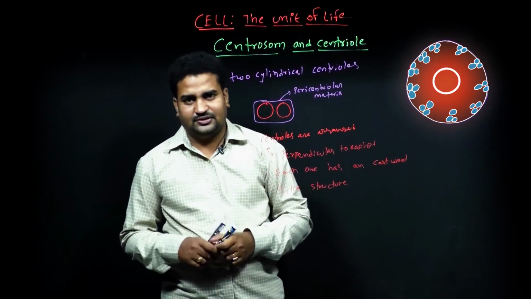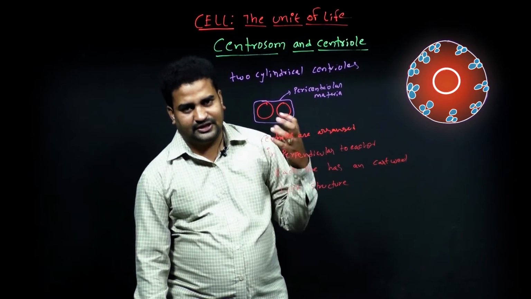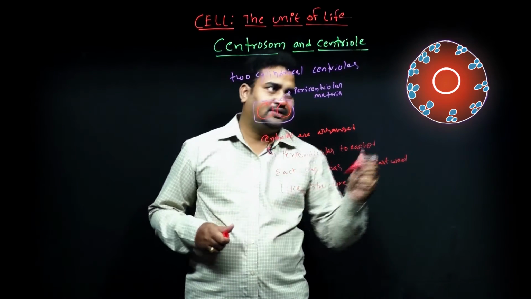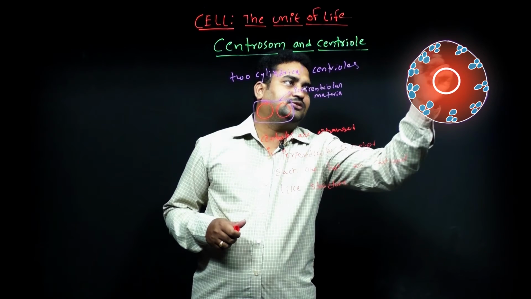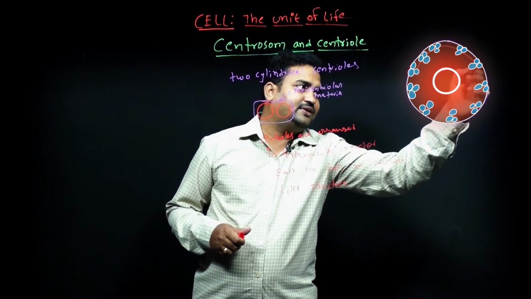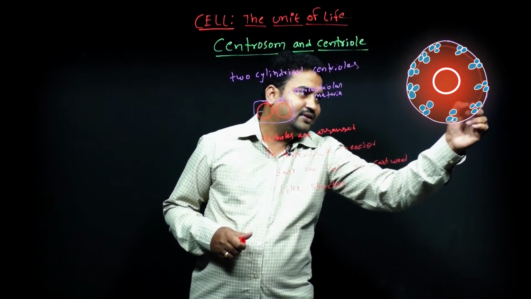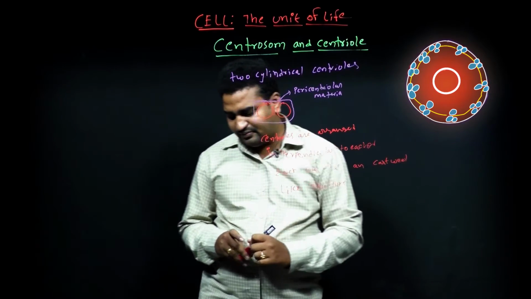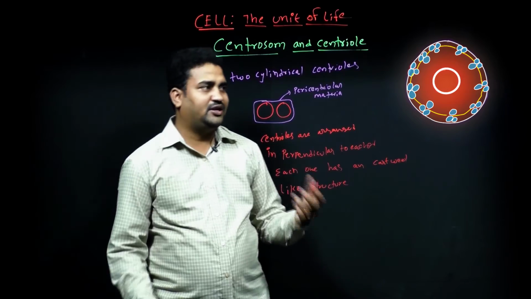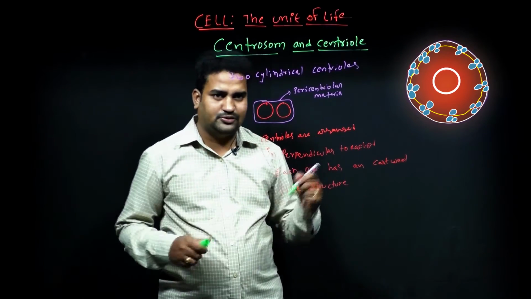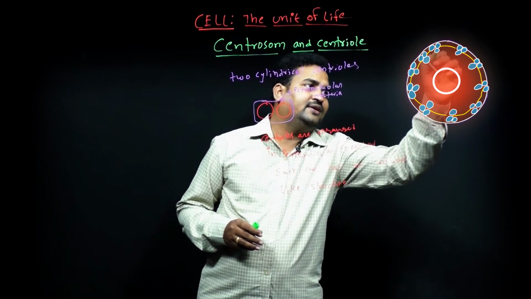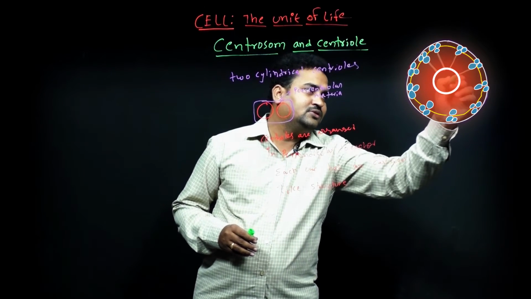So these peripheral triplets of microtubules are connected to each other with linkers. And these peripheral triplets of microtubules are also connected to the central hub through the radial spokes.